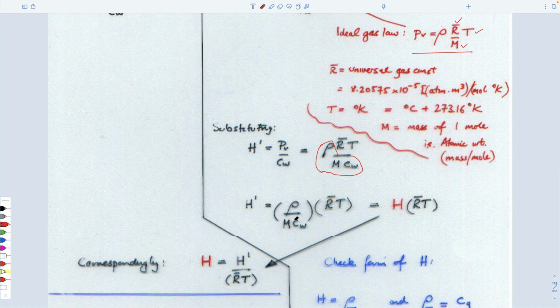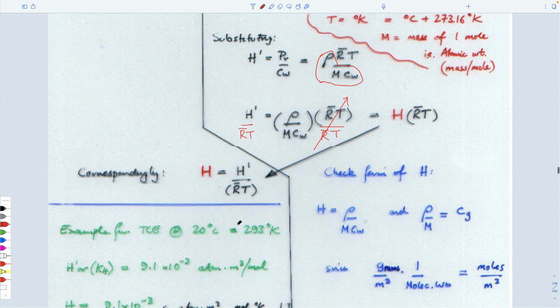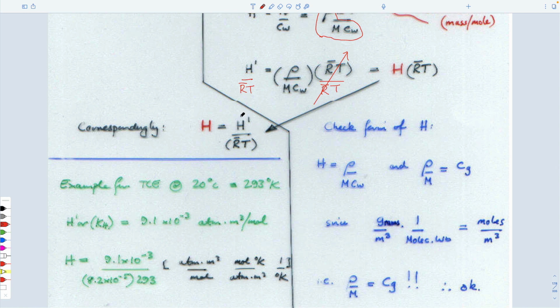And so if you merely divide both sides through by RT, then these ratios of two concentrations are just equal to the dimensional form of Henry's law divided by RT. And so if you have this from a textbook or your reference book, and you have these other two terms, you can always calculate exactly what this is.